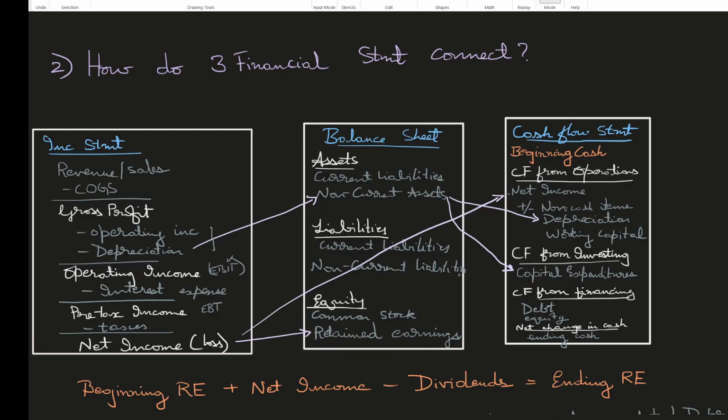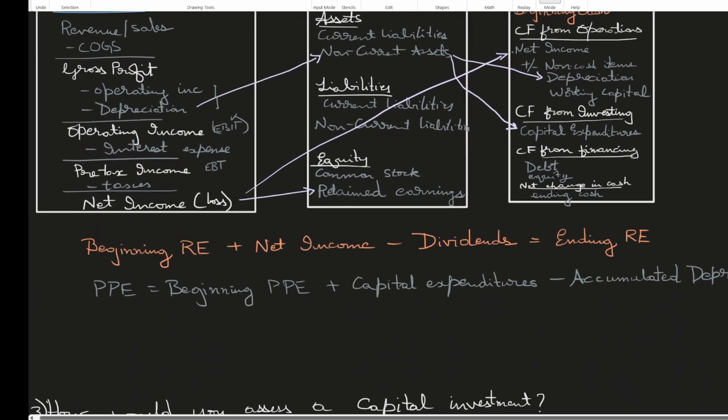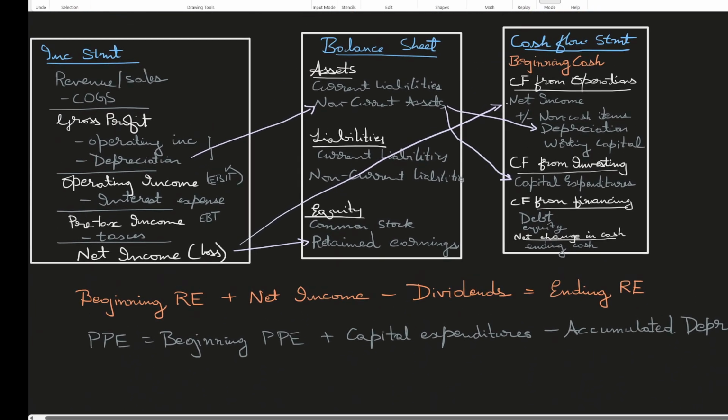And how do you say that? Because the property, plant, and equipment formula starts with beginning property, plant, and equipment, added to capital expenditures and subtracted by the accumulated depreciation.